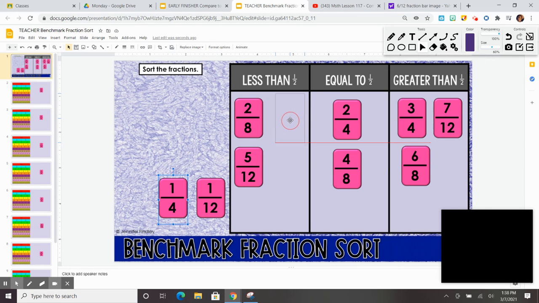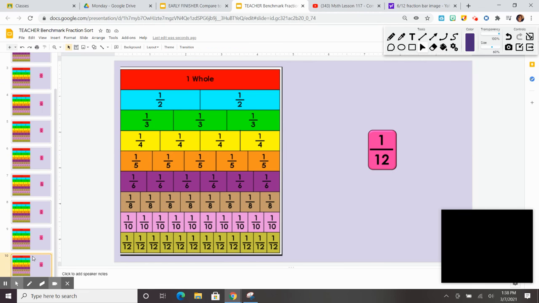All right, and then we have one more. We have 1/12. How many 12ths are equal to 1/2? If I have 12 and I divide it in 2, that will leave me with 6. So I know that 6/12 is equivalent to 1/2, but I have 1/12 here.